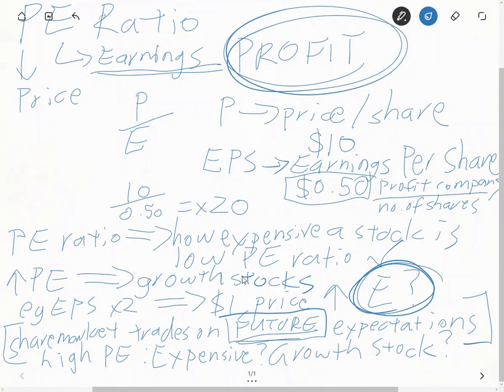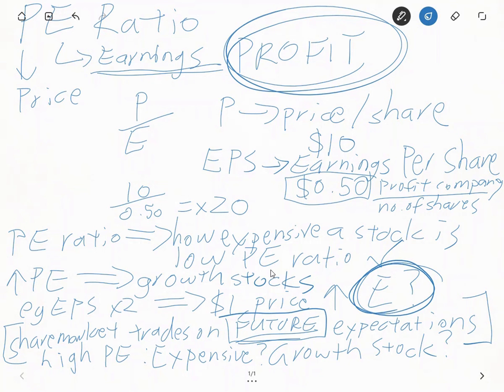Now, of course, another limitation of the PE ratio is that some companies, particularly growing companies, may not actually be profitable. One example of that in Australia, and this video might not age very well, is Afterpay, which, as of the time of this video, has still never reported a profit. I think they will very soon. They probably will in their next reporting period, but they've never actually reported a profit over a 6-month or 12-month reporting period.